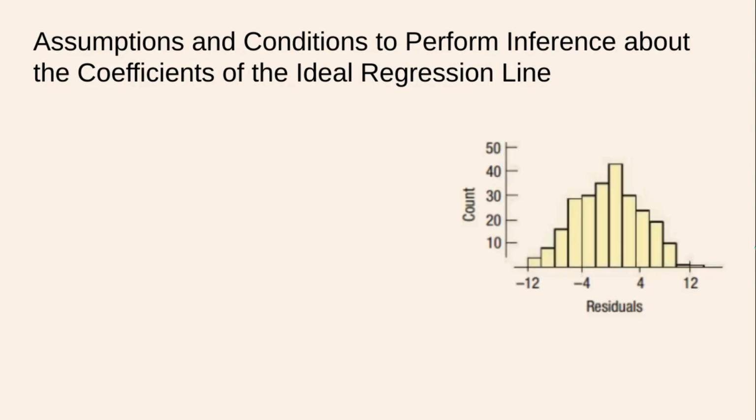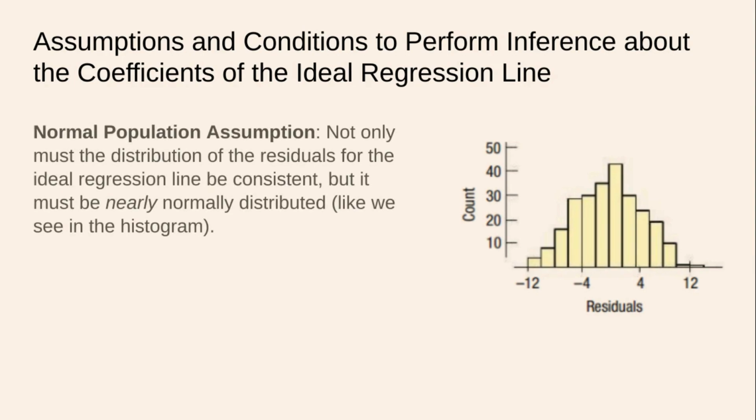Now, if you thought we were all done with the conditions, unfortunately, I have some bad news. There are not one but two more that we need to consider, and they involve a different representation of the residuals, as you see the histogram on the right side of this slide. We need to assume a normal population.